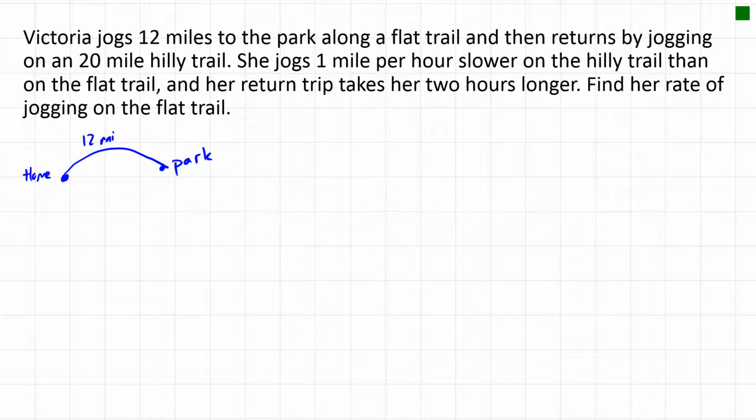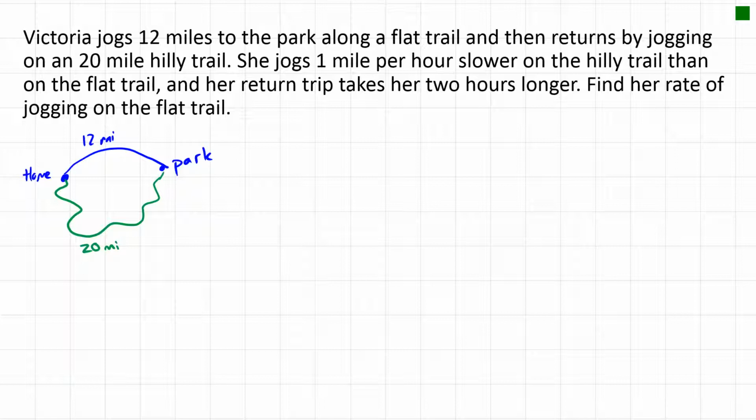And then she runs back through a longer, hillier route, which takes her 20 miles. So that's our problem. It's split up into two separate sections. Her run to the park and then her run back from the park.